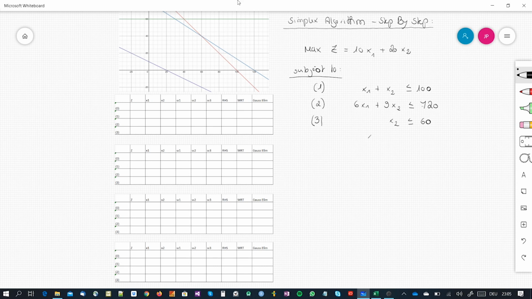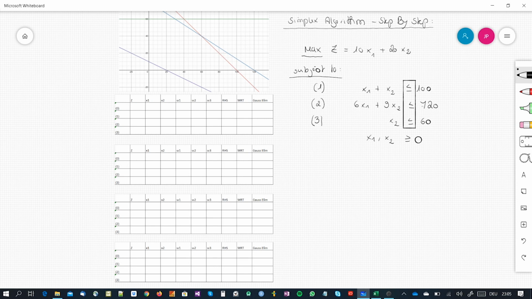And the decision variables are defined as being larger or equal to 0. What is fine in this problem is that it is already in the standard form for the simplex algorithm. So we have a maximization problem and we have constraints that are denoted by smaller or equal to.